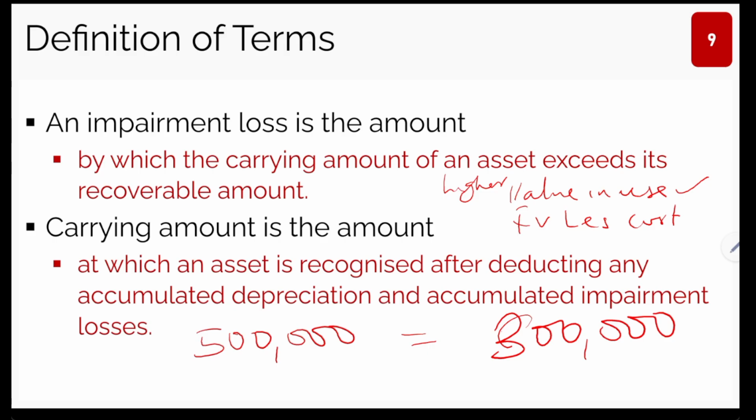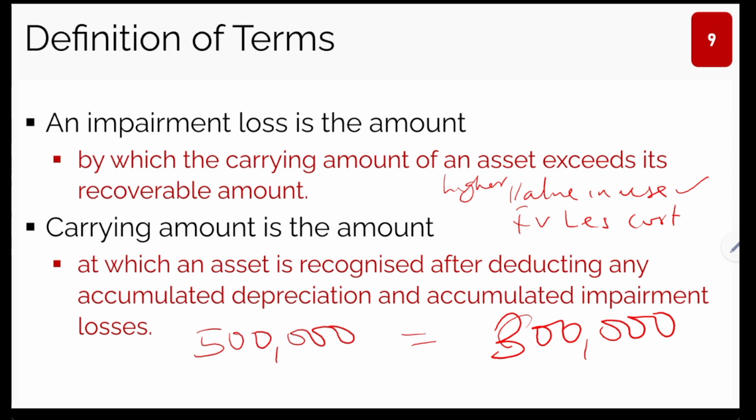And then in your books you continue to record the asset at a price that is higher than the recoverable amount. That's not right, because you're putting something in your books at more than its value. The value in your books is not what it is in real life, in reality.